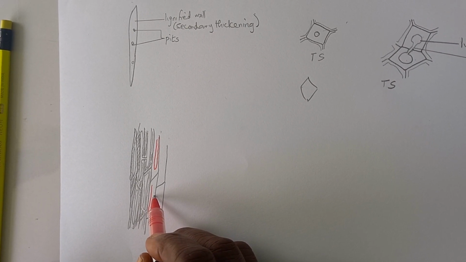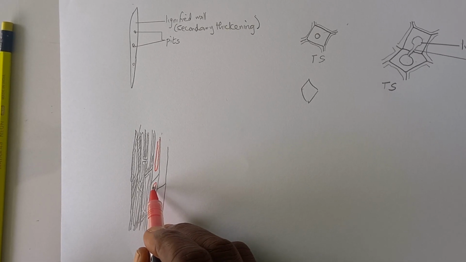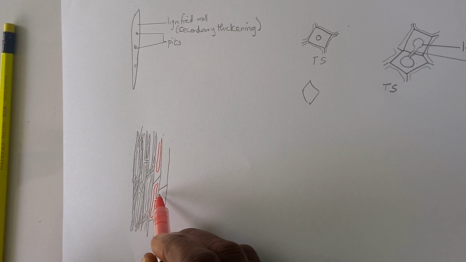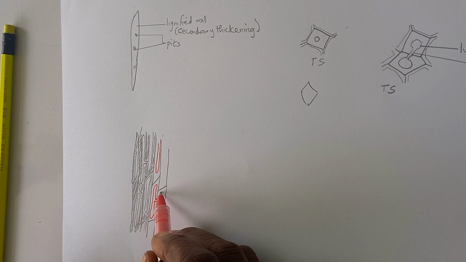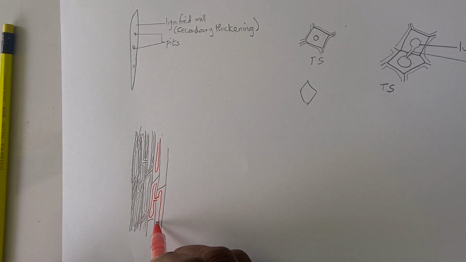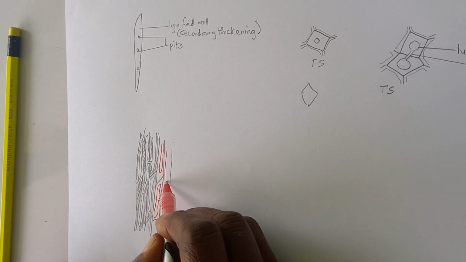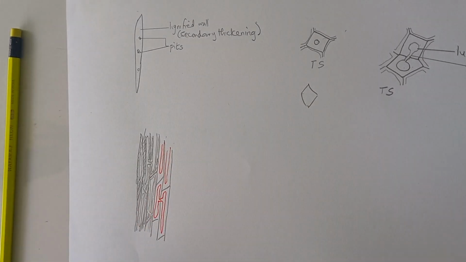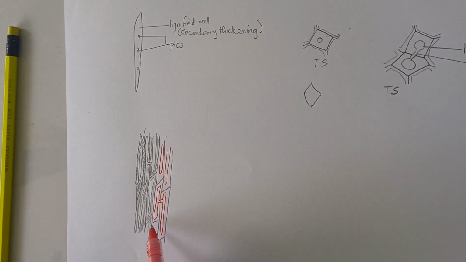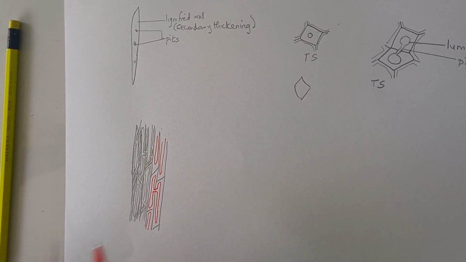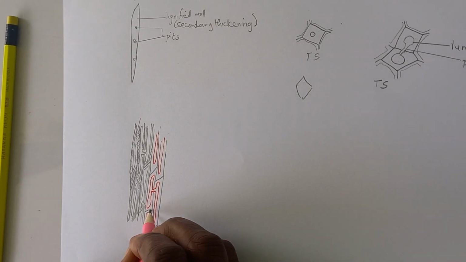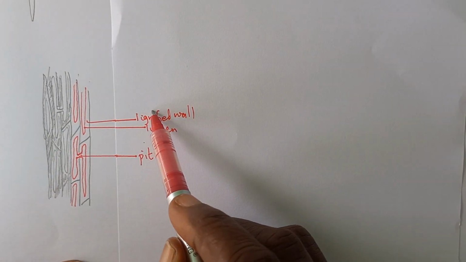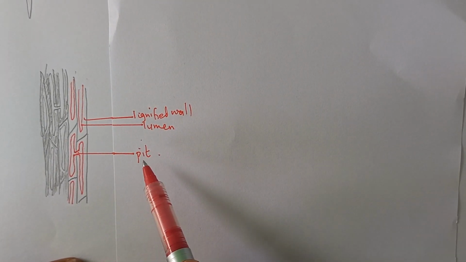So here's the pit, here's the lumen, and the pit with the other lumen. So we have our cells with the lumen. So we have the lignified wall, we have the lumen, and we have the pit.